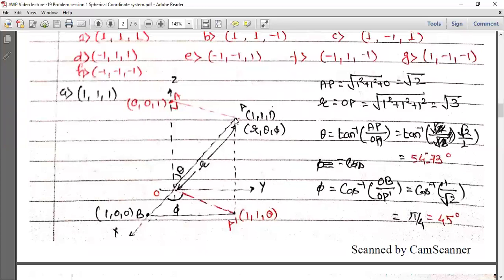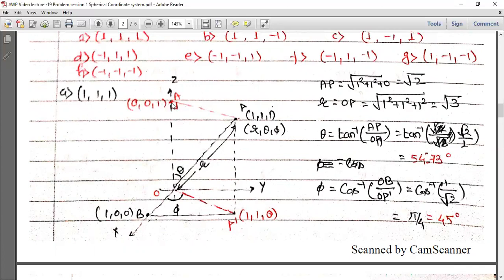Suppose you want to find the projection of point P on the z-axis. Except z, all coordinates should be 0. So x is 0, y is 0, and the z coordinate will be equal to the z coordinate of point P itself. That's why the projection of point P on the z-axis, that is A, has coordinates 0, 0, 1.